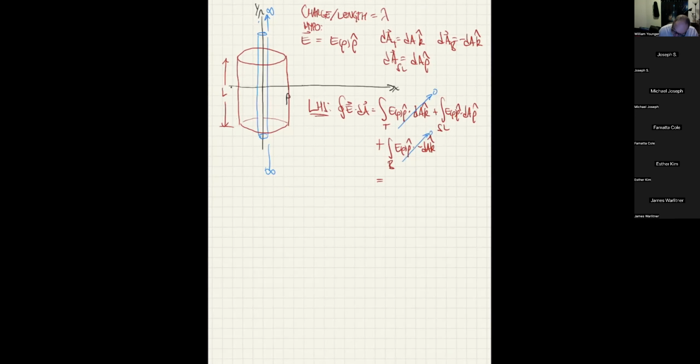So all we're going to have left is, in fact, E of rho times the area, and that's the area of that whole soup label, which is 2 pi rho times L. Now, if the charge per unit length is in fact lambda, and I have a length L, how much charge is enclosed?